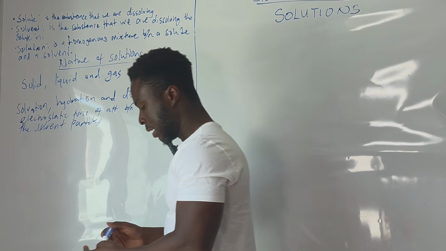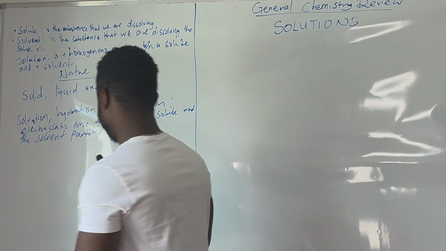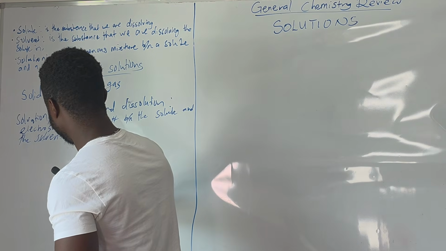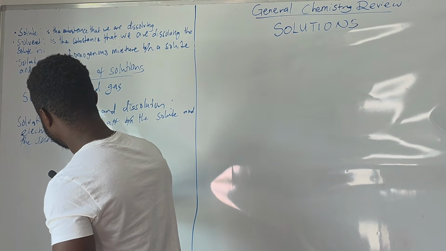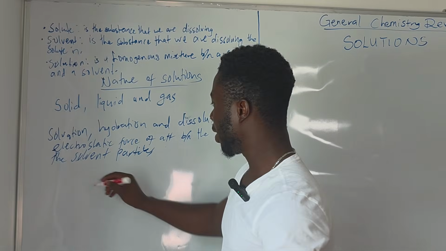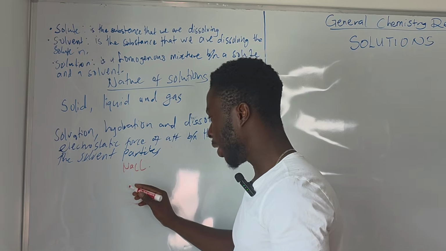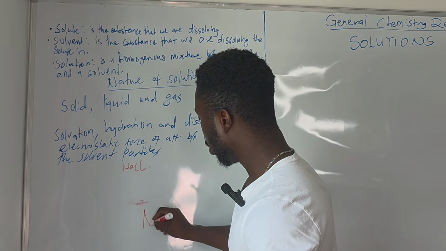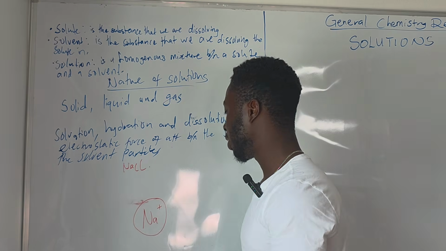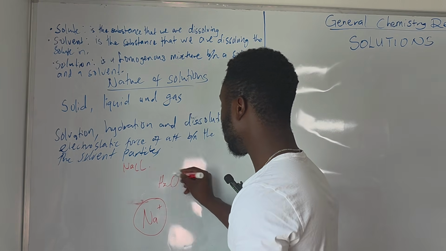Like I said, let's say we have sodium chloride over here. We put the sodium chloride in water. We are going to have the sodium being separated. Once the sodium is separated, we're going to have our H2O, which is the water.